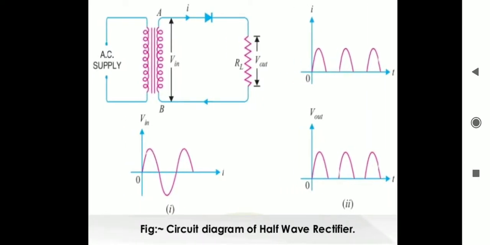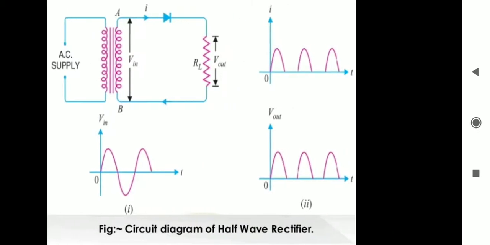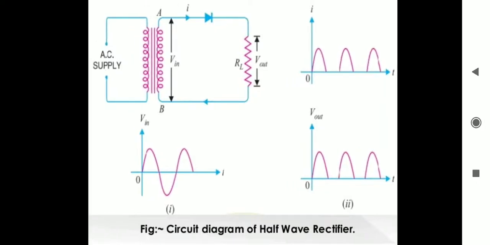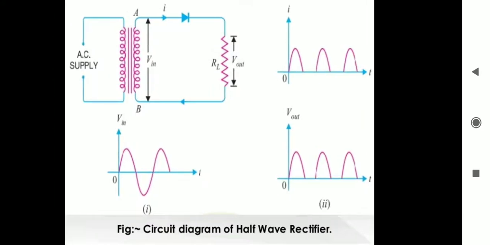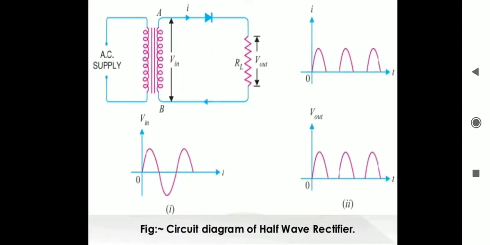It is not efficient because only half of the input waveform reaches the output. To reduce the ripple of the AC frequency from the output, more filtering is required in the half wave rectifier circuit. Refer to the half wave rectifier link for the characteristics and diagram.